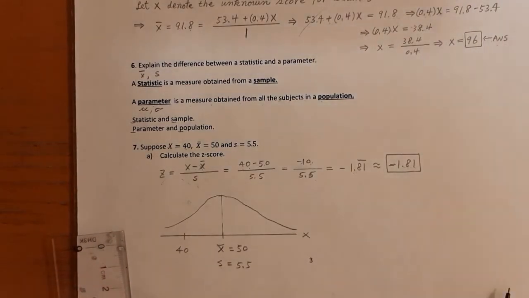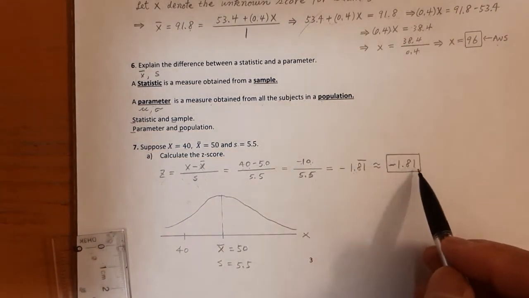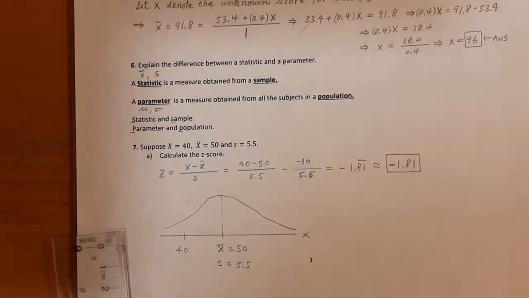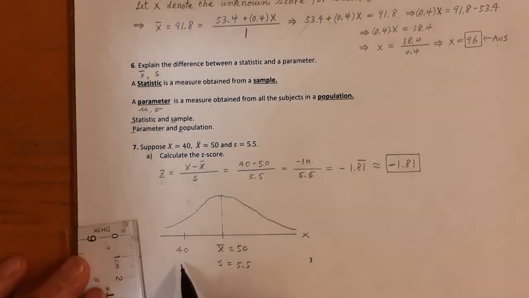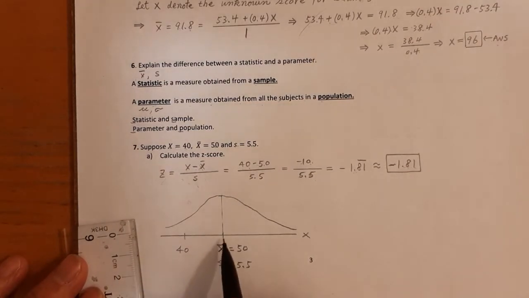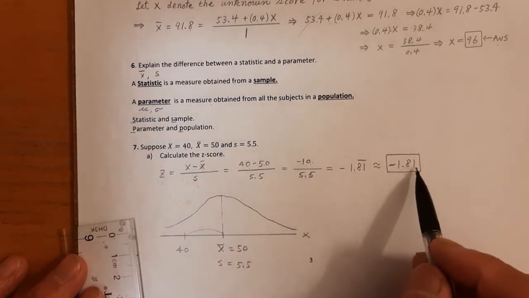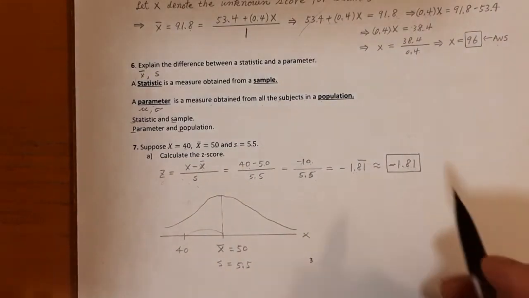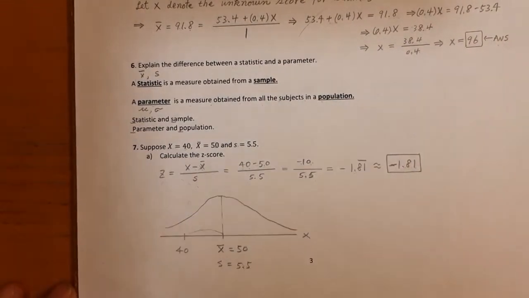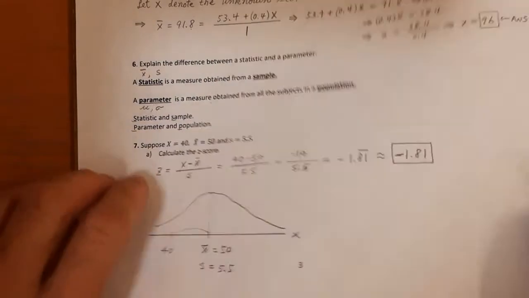Negative means below the mean. 1.81 standard deviations below the mean is this x. One standard deviation is 5.5. Then now it is 10. 10 divided by 5.5, you got 1.81 standard deviations. And since it's negative, it's below the mean. That's a z-score.